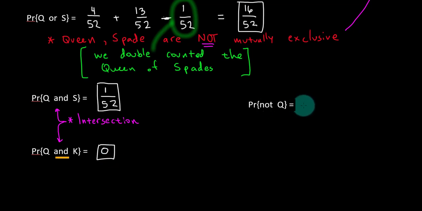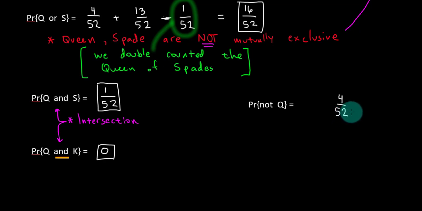While we're here, let's just do one more probability. Here, this is asking the probability of selecting a card that is not a queen. Not a queen. Well, we know that 4 out of the 52 cards are queens, but the rest are not.